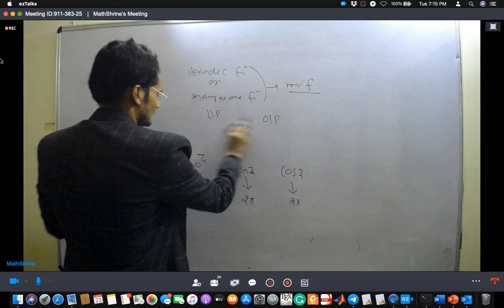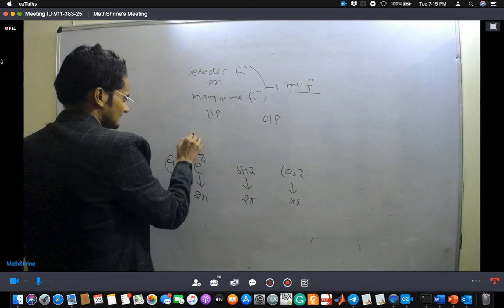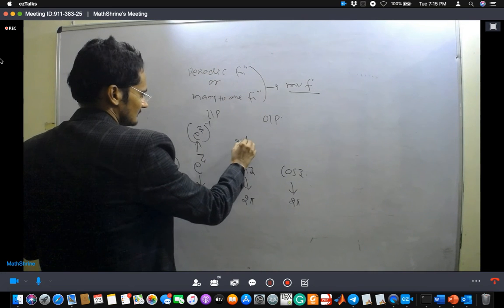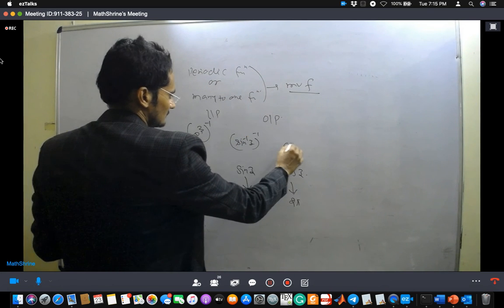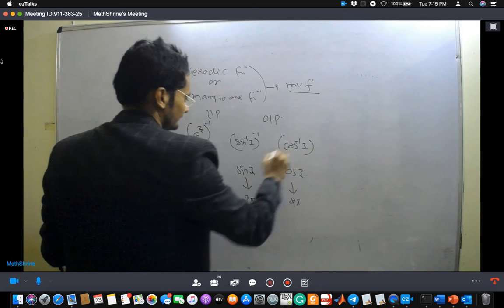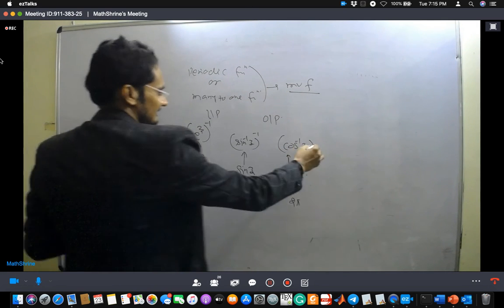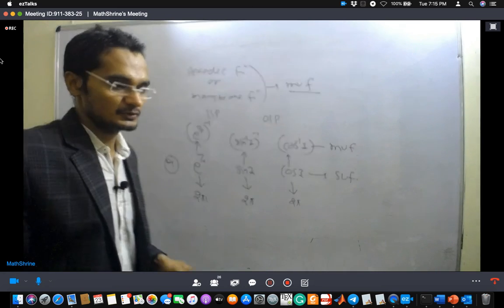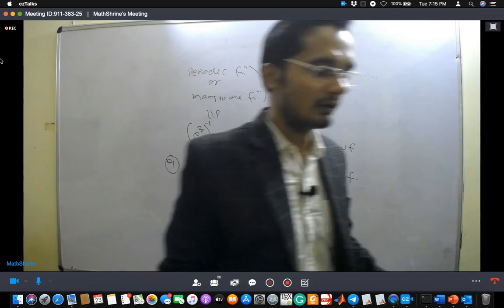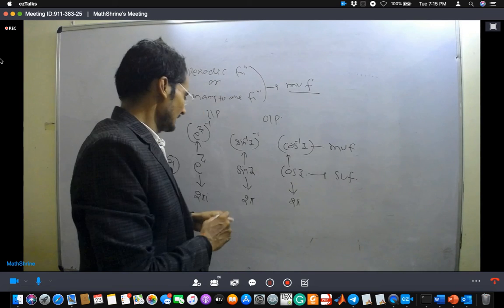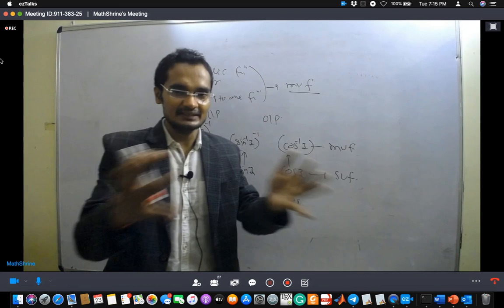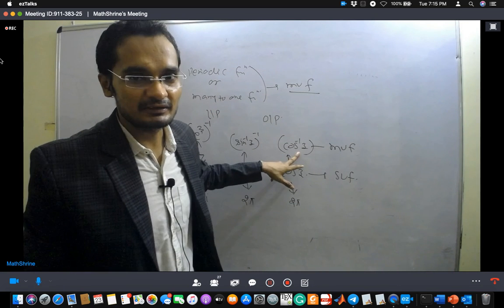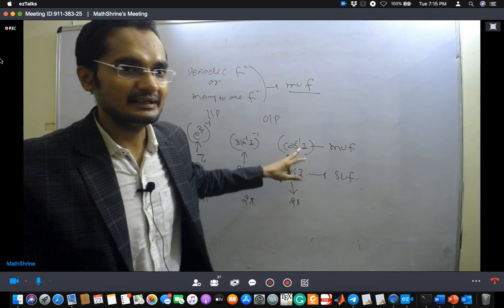So during your interview or examination, whenever some function is given, just look at its inverse. If cos inverse z is given, immediately think its inverse is a periodic function, so definitely this function will be a multi-valued function. Likewise, sin z is periodic, so definitely sin inverse z is a multi-valued function.